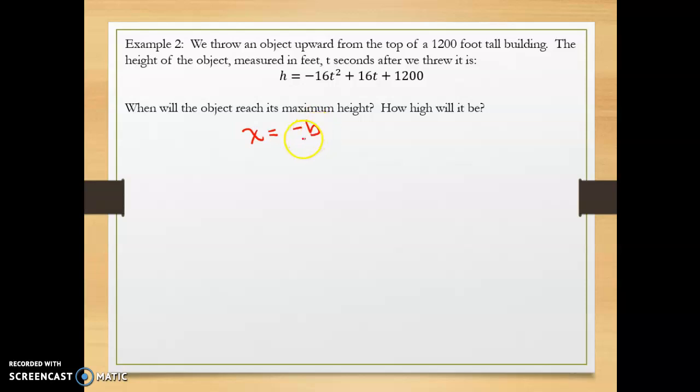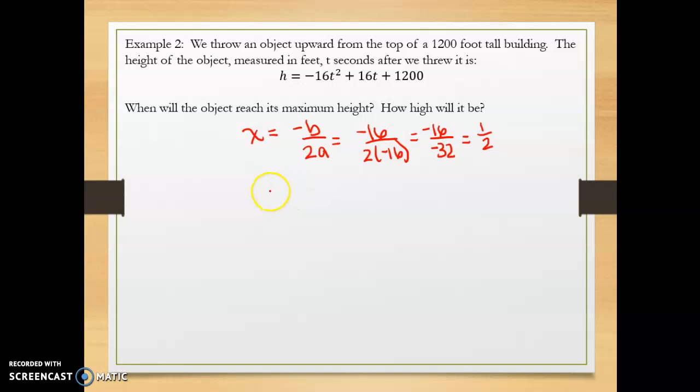It's negative b over 2a for the x value. So that's negative 16 over 2 times negative 16, which is negative 16 over negative 32, which is 1/2. So it'll reach its maximum height in half of a second.